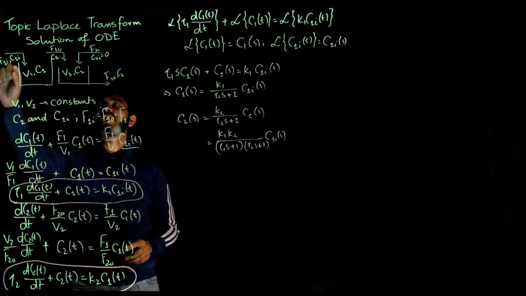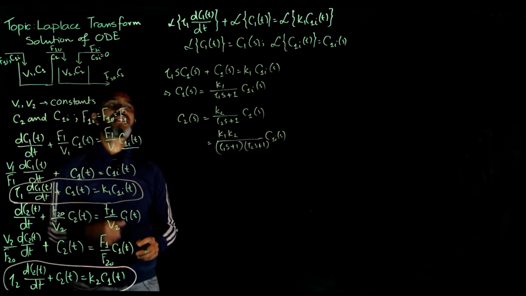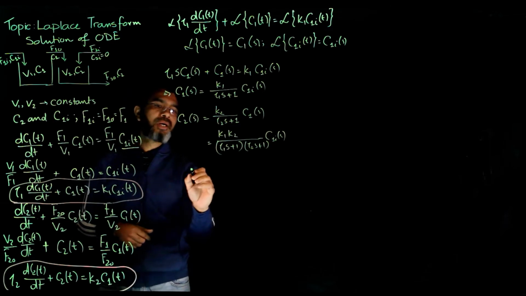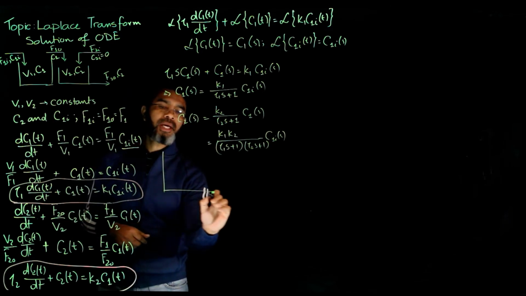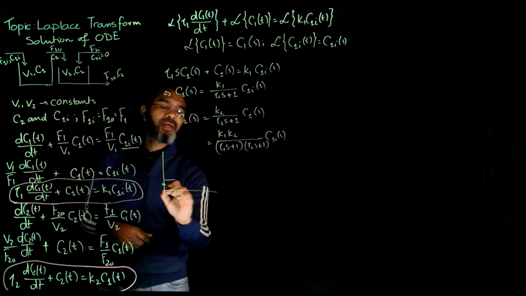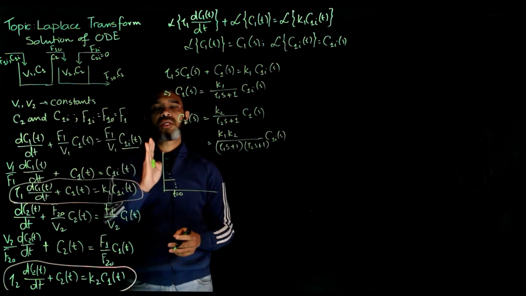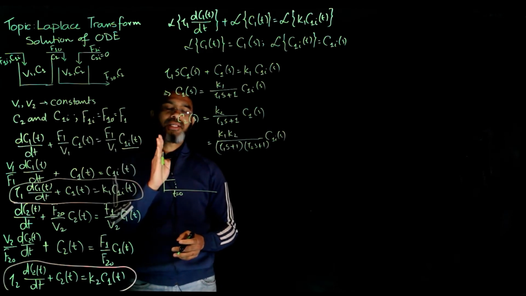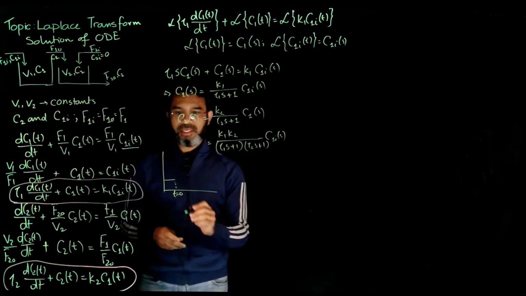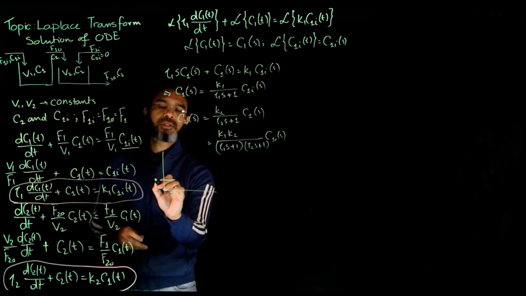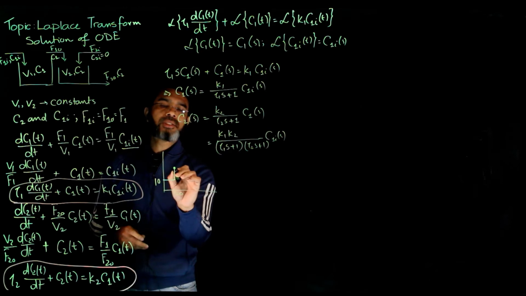Now if the concentration here changes, suppose it changes in a step manner, meaning it had some value at the beginning. If this is time 0, when you start the experimentation, we consider that time to be 0. Suppose at some time it was at some value like 10, and it changes to 12.